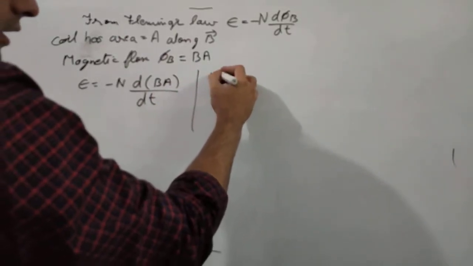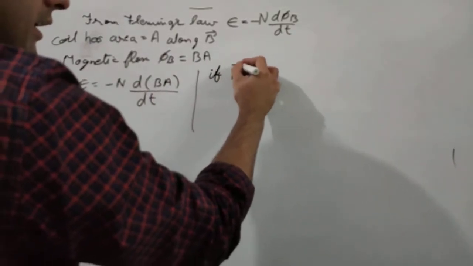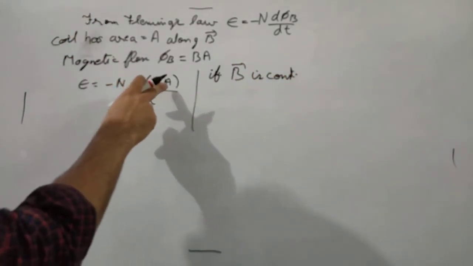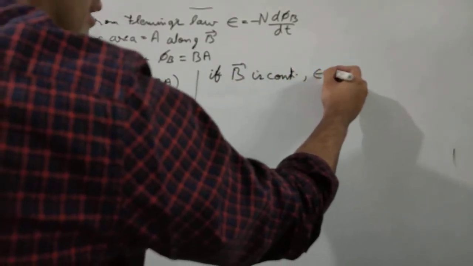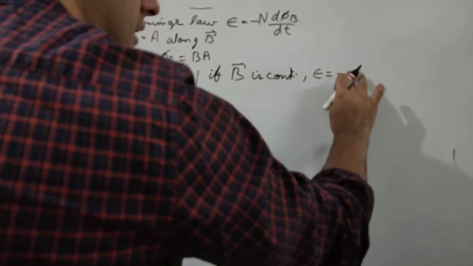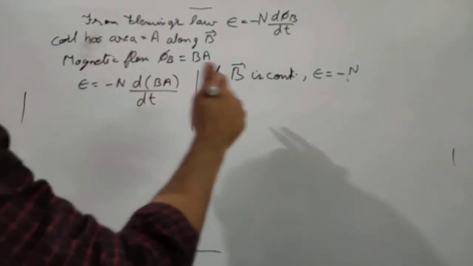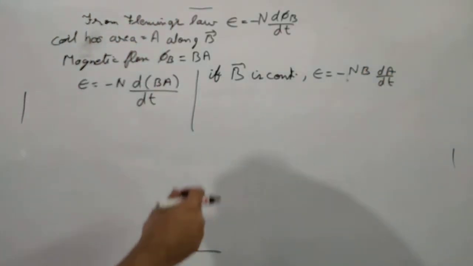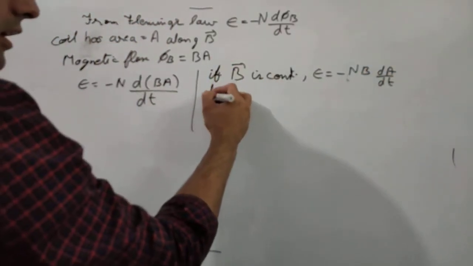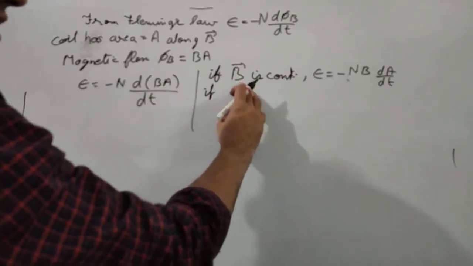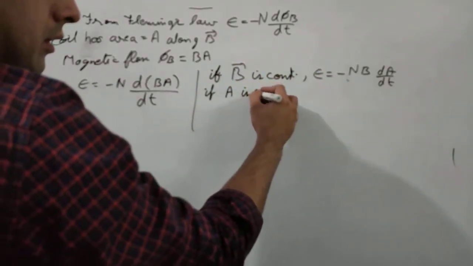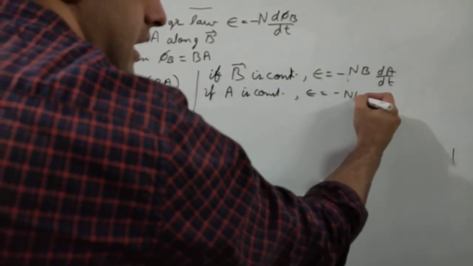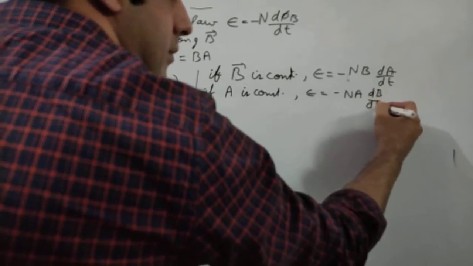So we can write that if, let us say, B is constant, we are not changing the magnetic field, then A has to change. In that case our EMF will be equal to minus N B dA by dt, since B is constant, it will be taken out and we differentiate the area. Similarly, let us say B is changing but A is constant, then EMF will be equal to minus N A dB by dt.